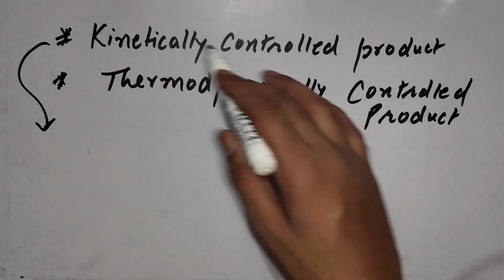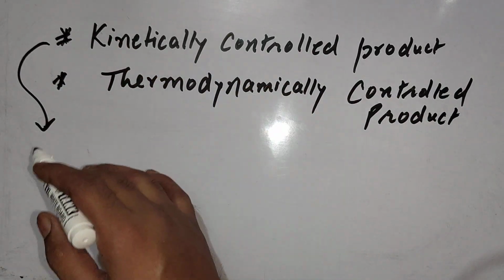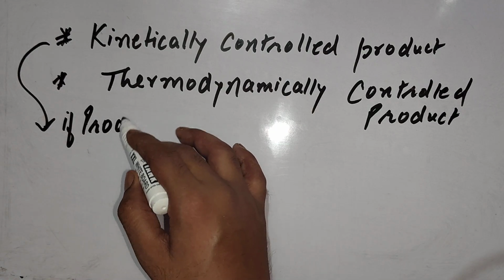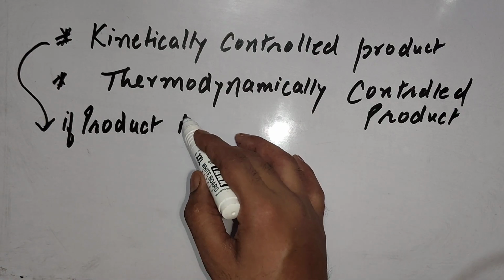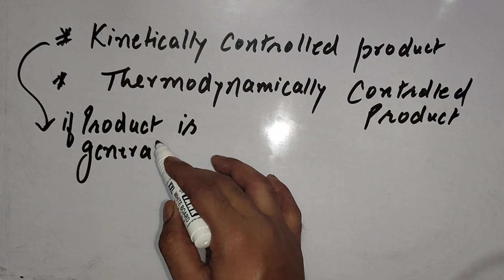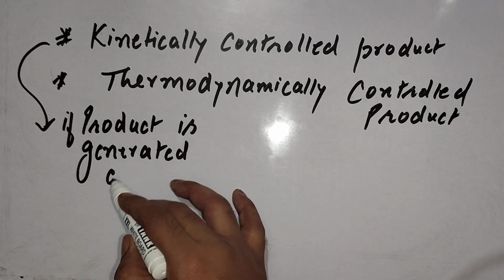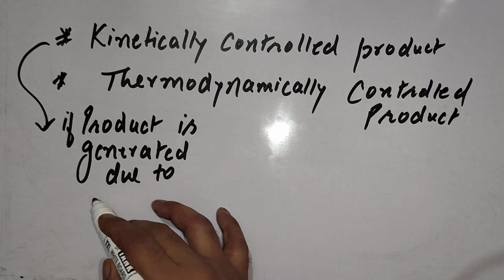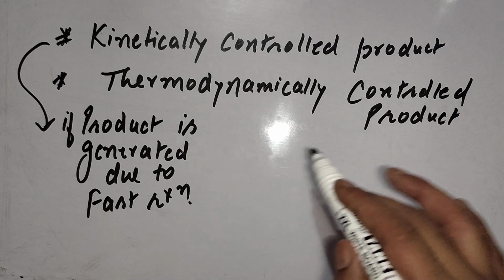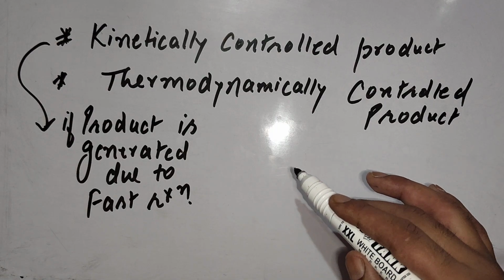First, we need to understand the meaning of these. When I am saying the product is kinetically controlled, what does it mean? It means if the product is generated due to fast reaction, then we will say the product is kinetically controlled.